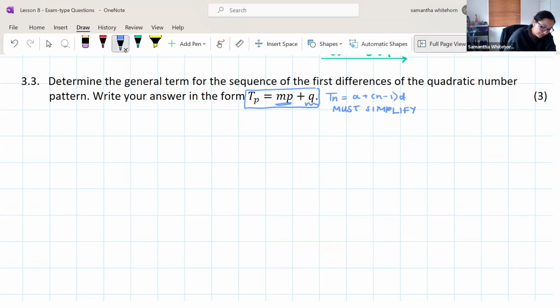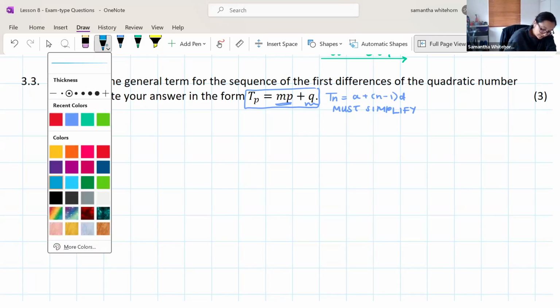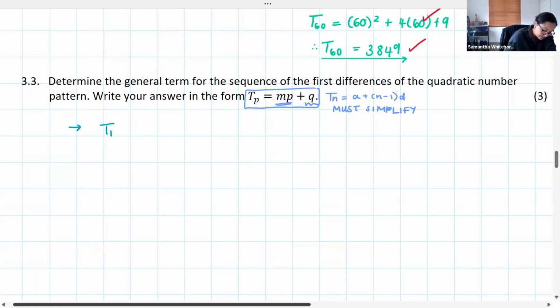Okay, so if we unpack this a little more, we know that we will have term 1, and let's actually do it like this. This is my quadratic. We've got term 1, term 2, term 3, etc. I'm not going to go more than term 4. You get the vibe.